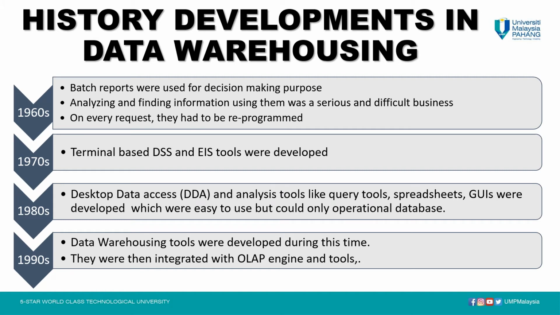Then in the 1980s, desktop data access and analysis tools like query tools, spreadsheets, and GUIs were developed, which were easy to use but could only access operational databases. And in the 1990s, data warehousing tools were developed. They were then integrated with OLAP engines and tools.